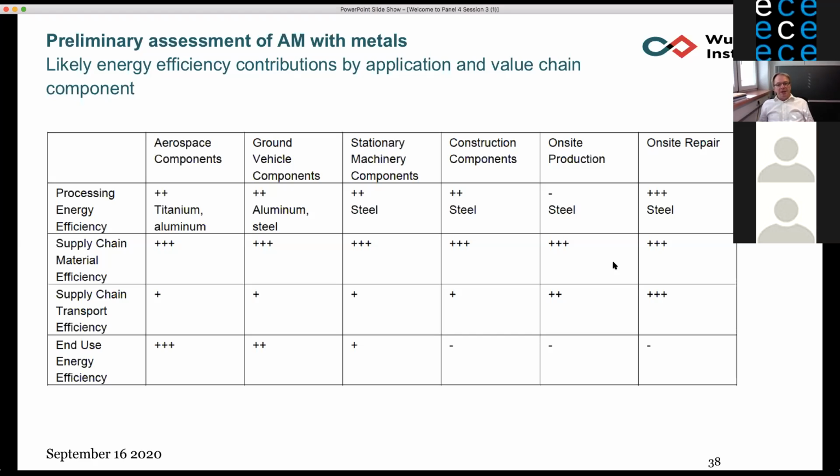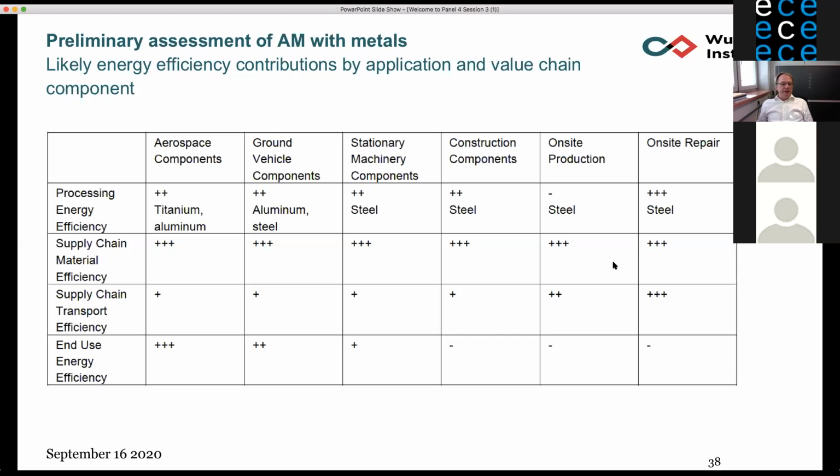Yes, and supply chain transport efficiency is generally important to some extent, but it will be more important if you come to on-site production, where you shrink the supply chain very much, and therefore also shrink the volume of transport that is necessary, and on-site repair, because you may reuse some functional parts that are worn simply by using some technology like wire arc additive manufacturing to add the necessary material, do some post-processing over that, and use basically the same part again in your production process.